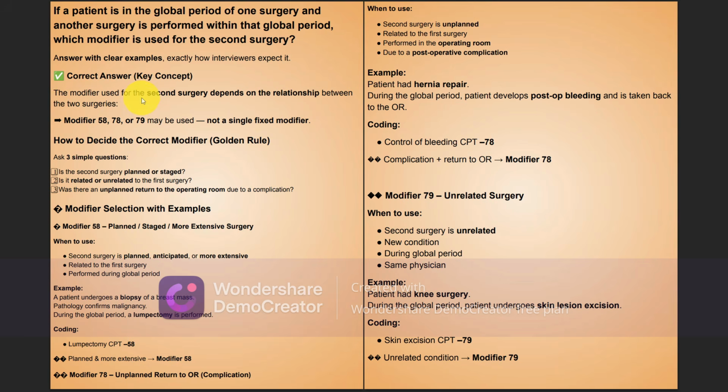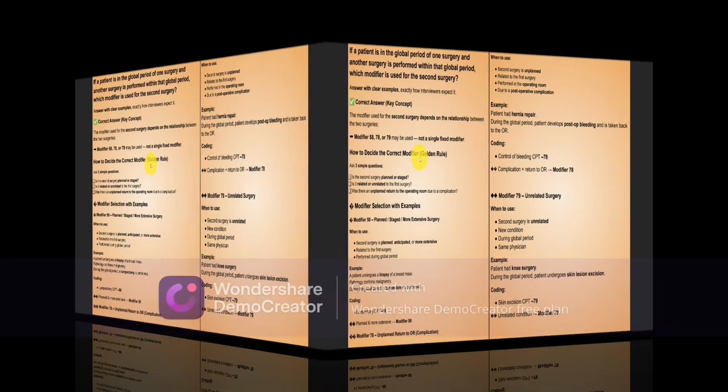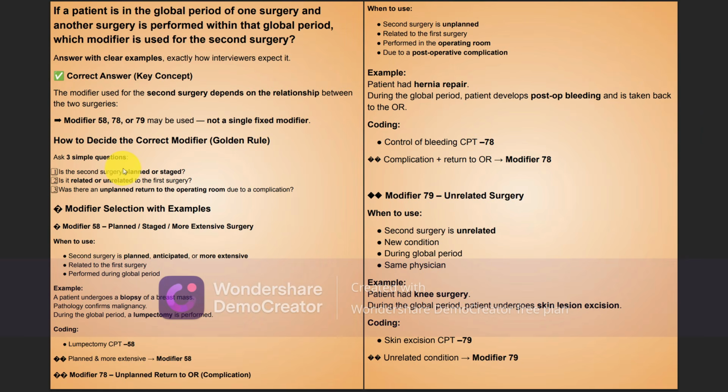The modifier used for the second surgery depends on the relationship between the two surgeries. Modifier 58, 78 or 79 may be used, not a single fixed modifier. How to decide the correct modifier? Golden rule: ask three simple questions.